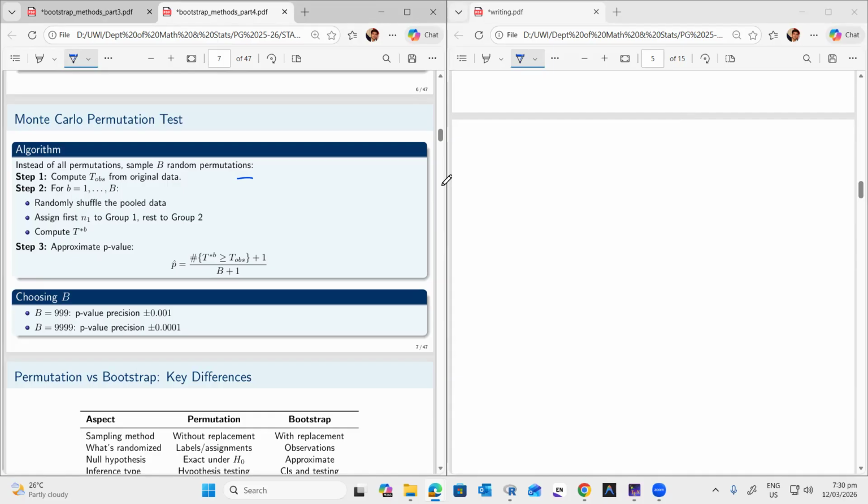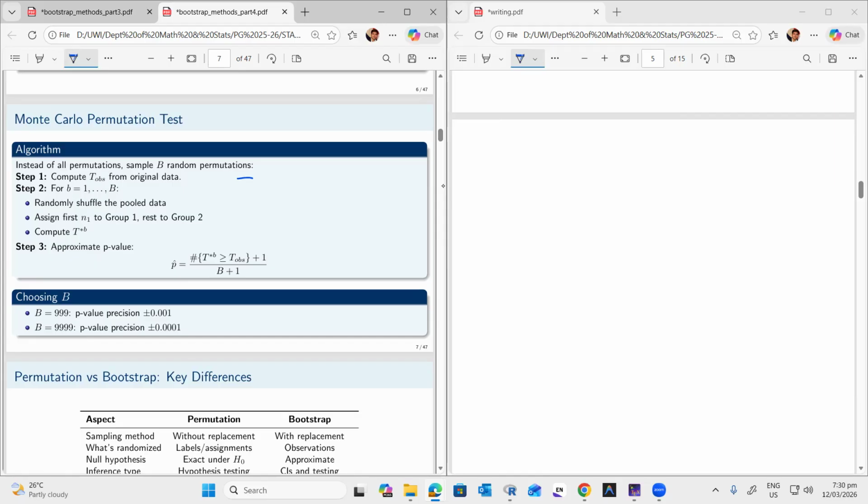It can be the difference of the mean, median, or anything. It will serve as the reference value against all permuted statistics that we will generate from the Monte Carlo permutation test, and it will be used to compare both of them. Okay.